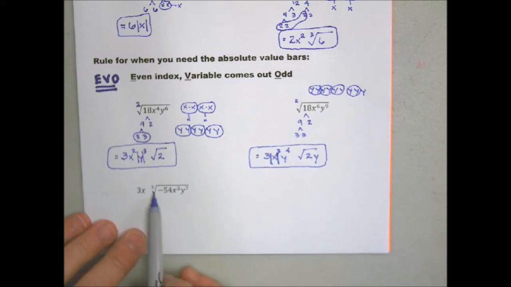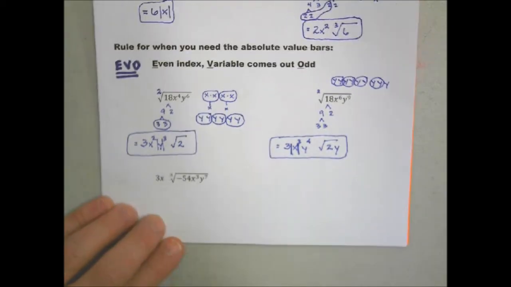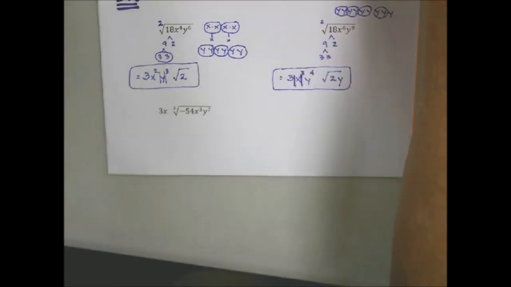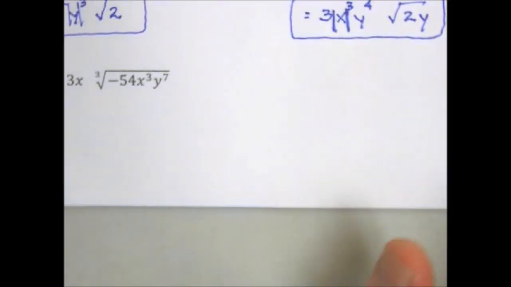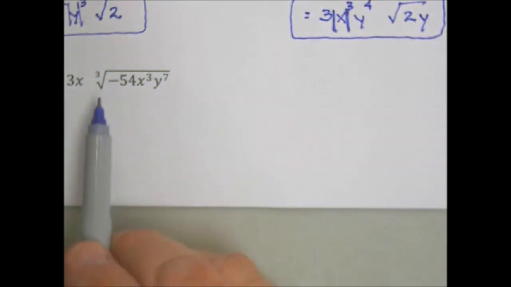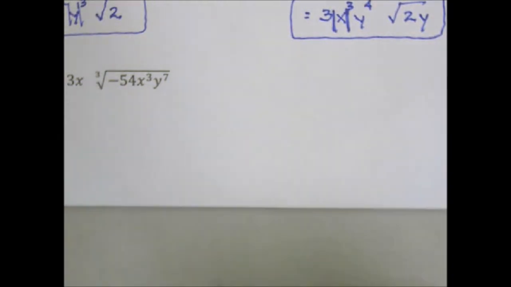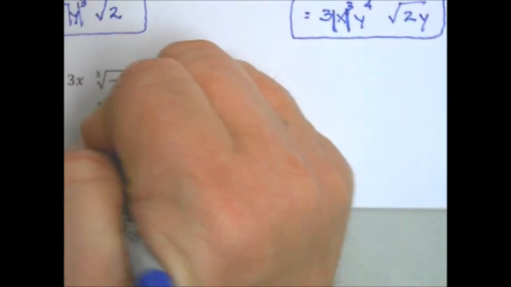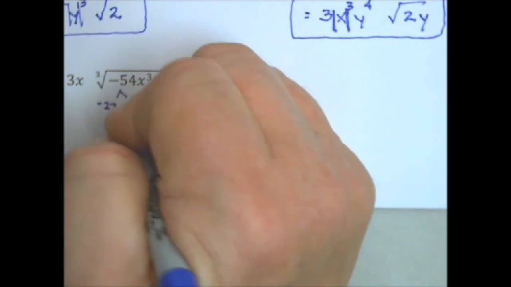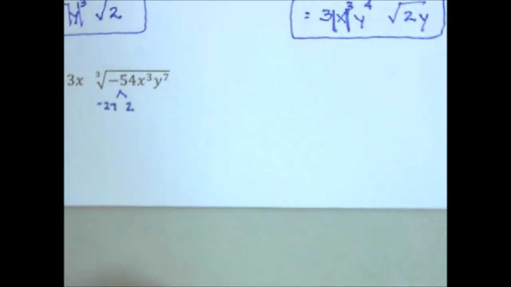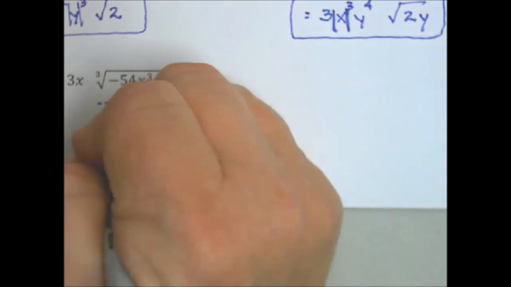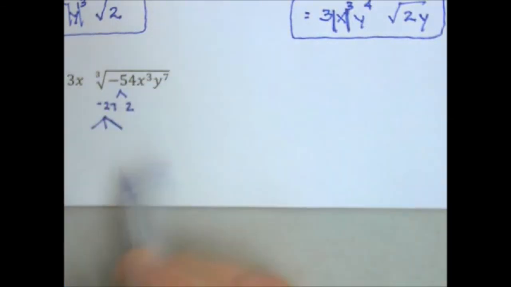Now, just to show you on the last one, I'm dealing with a cube root right here. So I don't need to worry about absolute value bars. Anytime the index is odd, you don't need to worry about it. So negative 54 would be negative 27 times 2. Now, negative 27, it would be really good if you learned your perfect cubes.